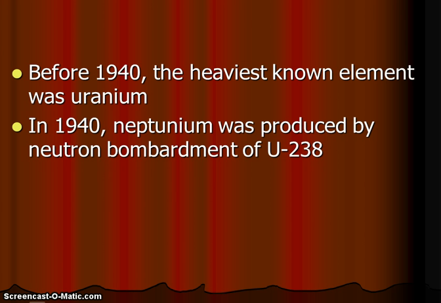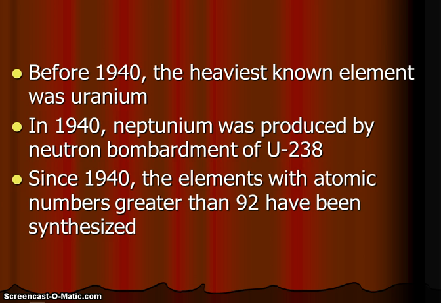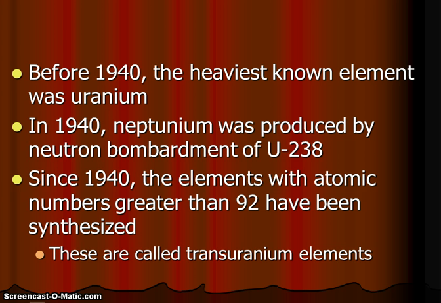And now we have an isotope that's heavier than uranium. Since 1940, the elements with atomic numbers greater than 92 have all been synthesized by these processes. All of these elements above element 92 are called trans-uranium elements.